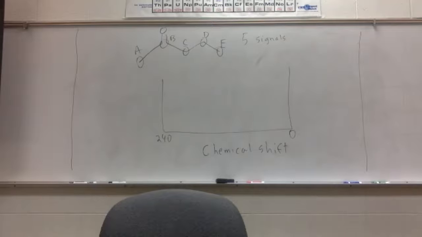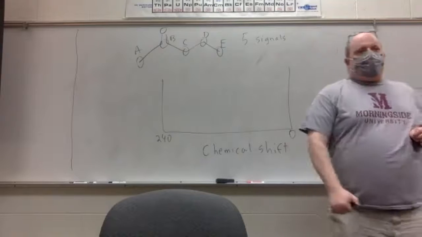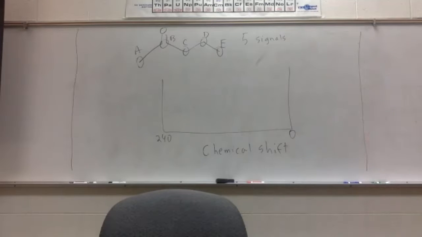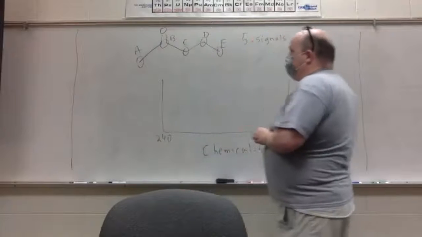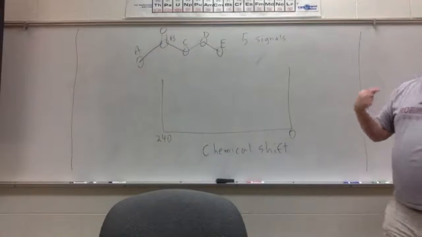So the chemical shift numbers are a little bit different, but again, the same exact rules apply to relative positioning that we saw previously with H NMR. Like on this one, which one do you think would be furthest downfield? Just based off of what you've learned with hydrogen NMR. B, right? Not only is it bonded directly to an oxygen, very electronegative, but it's also part of a double bond, right?